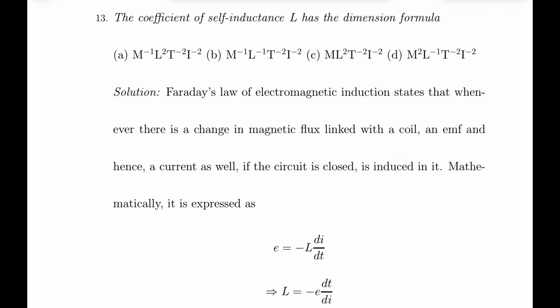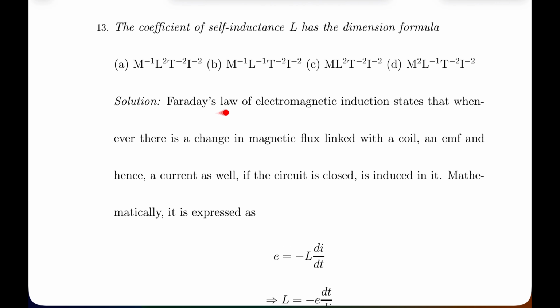Okay? Next, in this question, we have to find the dimensional formula for the coefficient of self-inductance L. It is followed by 4 options A, B, C, and D as usual. Clear? Faraday's law of electromagnetic induction states that whenever there is a change in magnetic flux linked with a coil, an EMF and hence a current as well, if the circuit is closed, is induced in it.